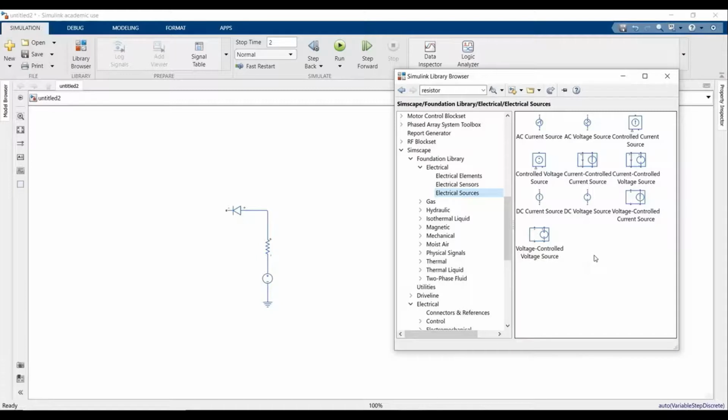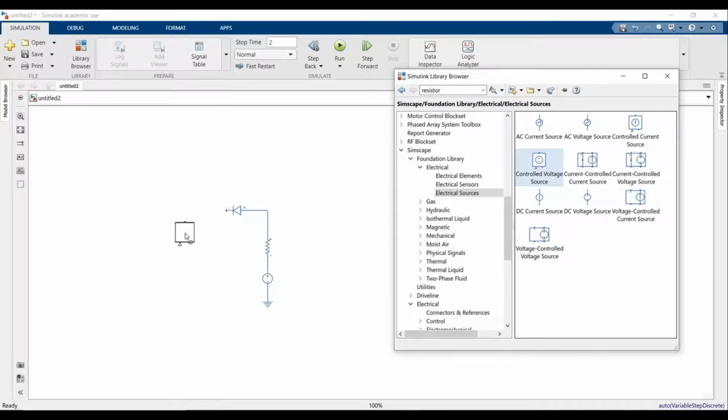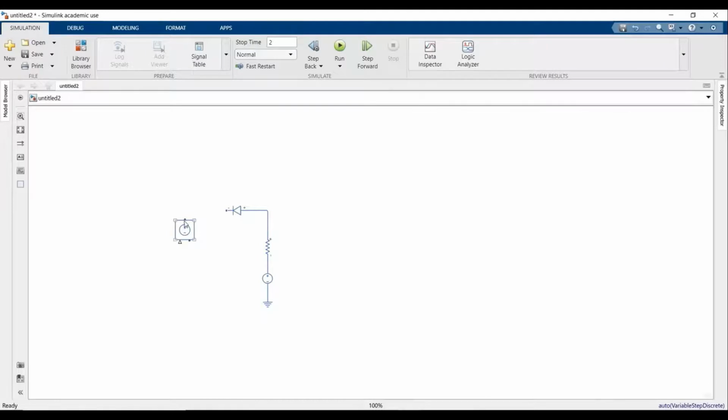So what I need is a controlled voltage source. So let me take this out. Then you can connect this to a diode. One end, I'm going to connect it to ground.